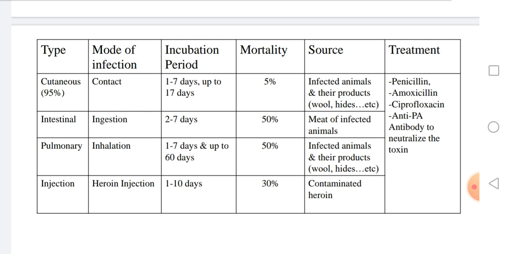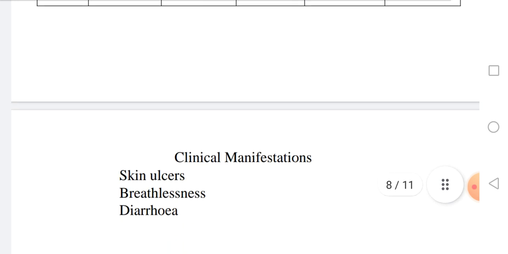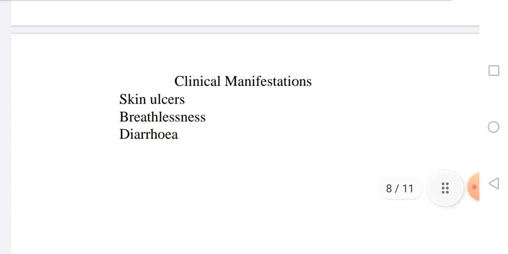The treatment: to kill the vegetative bacteria by the drugs penicillin, amoxicillin, and ciprofloxacin, and to neutralize the toxin by anti-protective antigen antibody. Clinical manifestations: skin ulcers, breathlessness, and diarrhea.